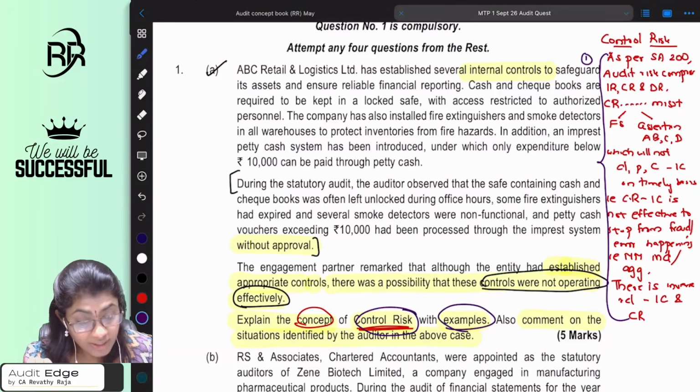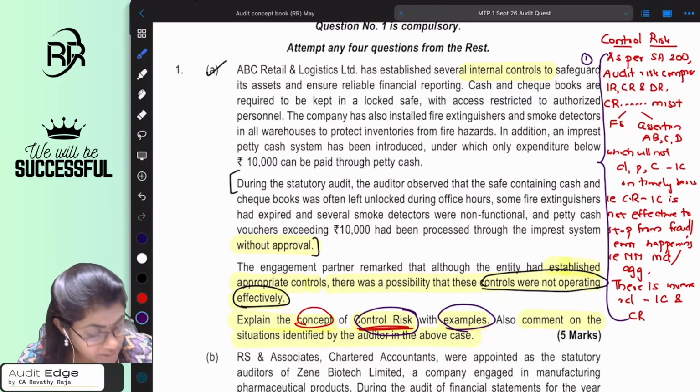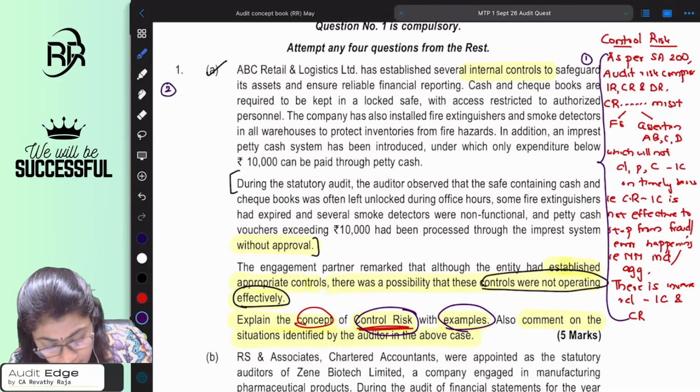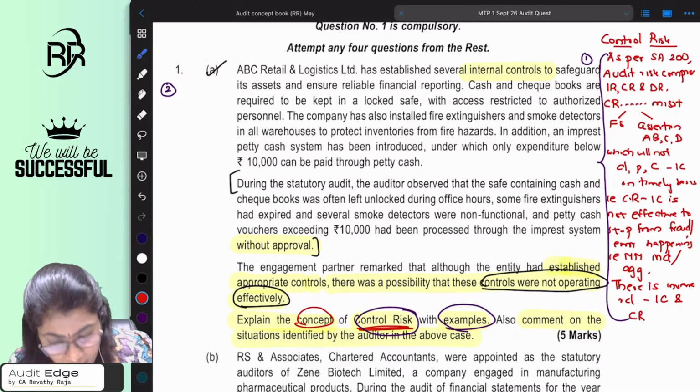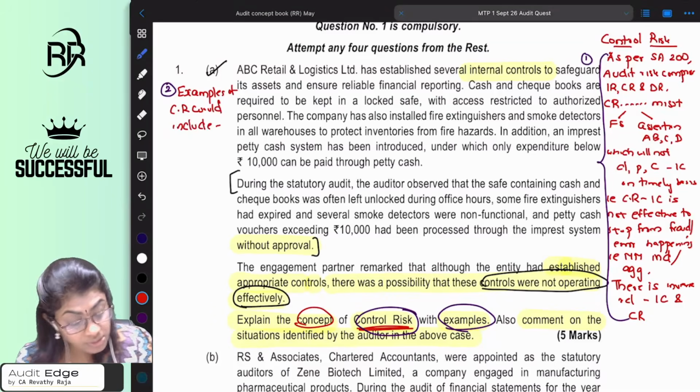Now, second, they have asked you to quote some examples of control risk. So, examples will be the second part. I'll write here: the examples of control risk would include. You can get it from the question itself.